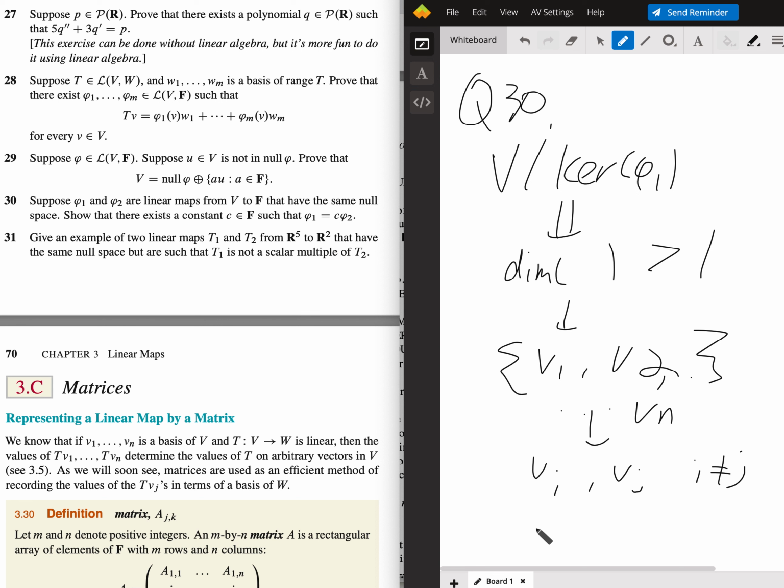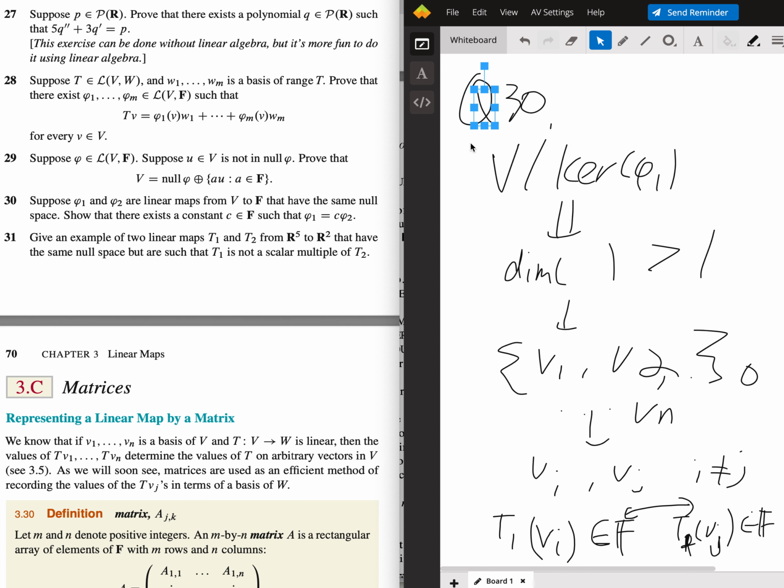Then you know you have this linear transformation inside of F, and so is this linear transformation, right? Then some linear combination of those will be 0. And here's the reason why.